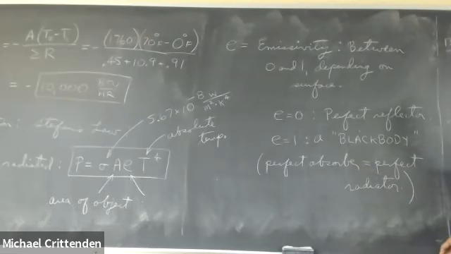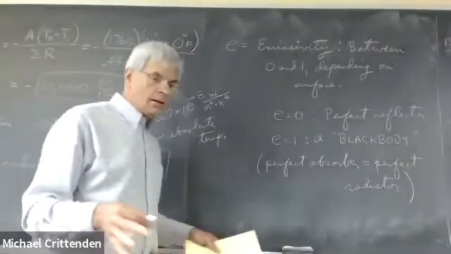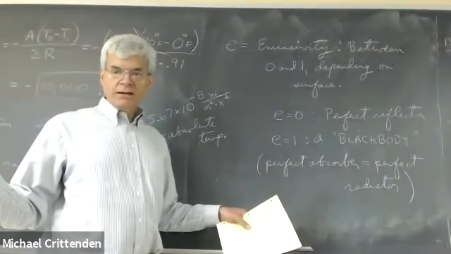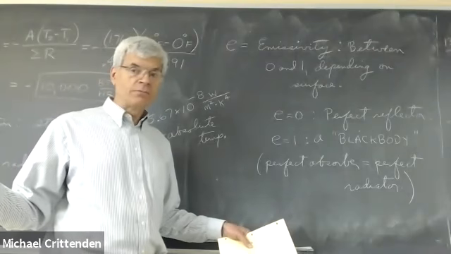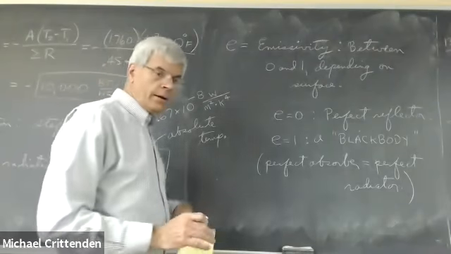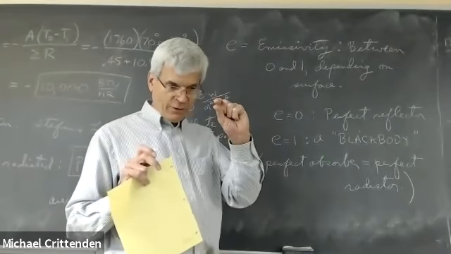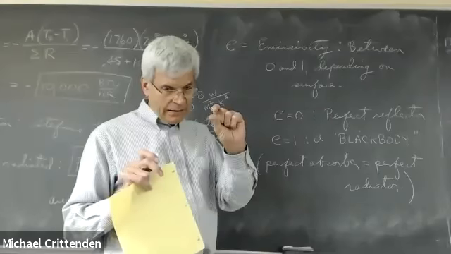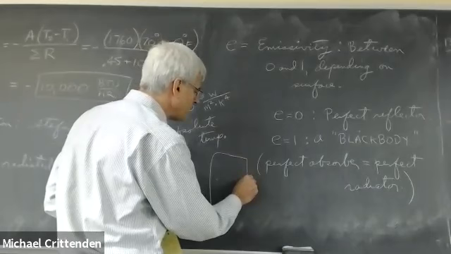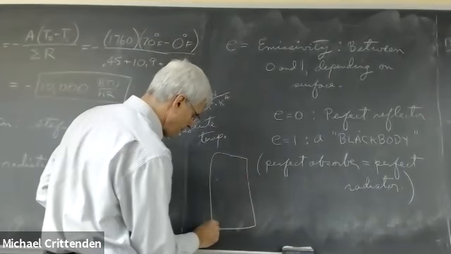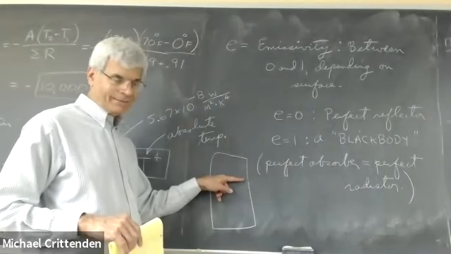The way you would make a black body, you get some great big tin can, like a 55-gallon drum, and you drill a little hole in the side of it with a 1/4-inch bit. So you've got this great big cavity with this tiny little opening in it.